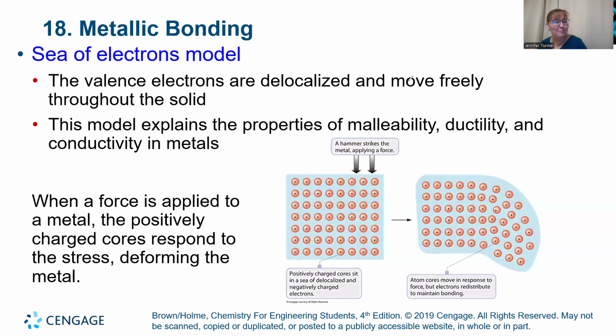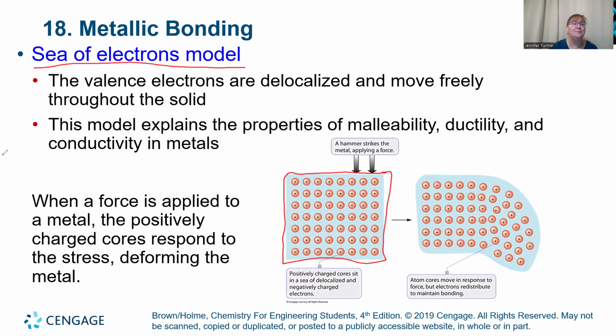All right, now let's take a look at metallic bonding. In metallic bonding, we have what's called a sea of electrons model. And that basically means that this first square here, we'll call this a square of our metal. All of the nuclei are lined up neatly in whatever packing they're in, cubic packing, body-centered packing, hexagonal packing, whatever our metal is. And then this blue that you can see around it is a sea of valence electrons.